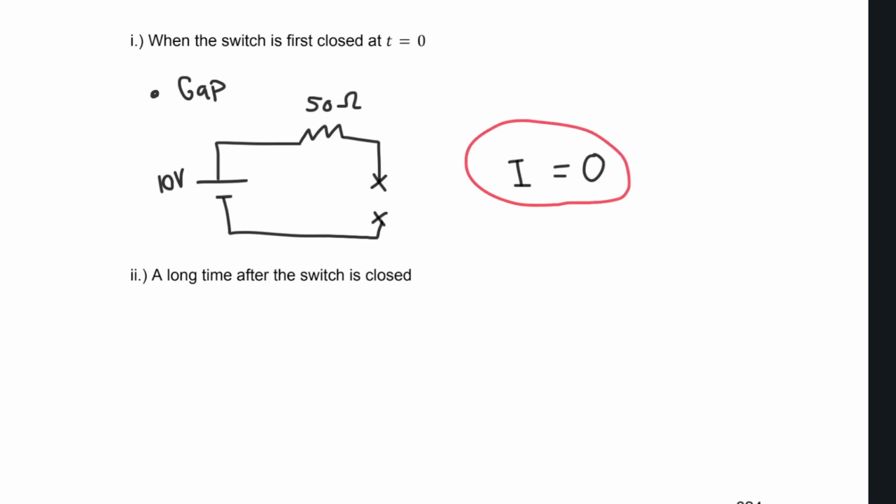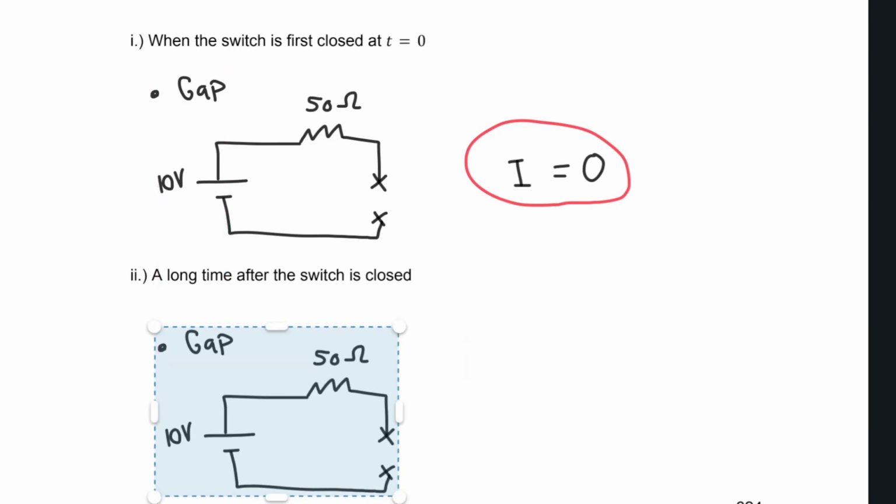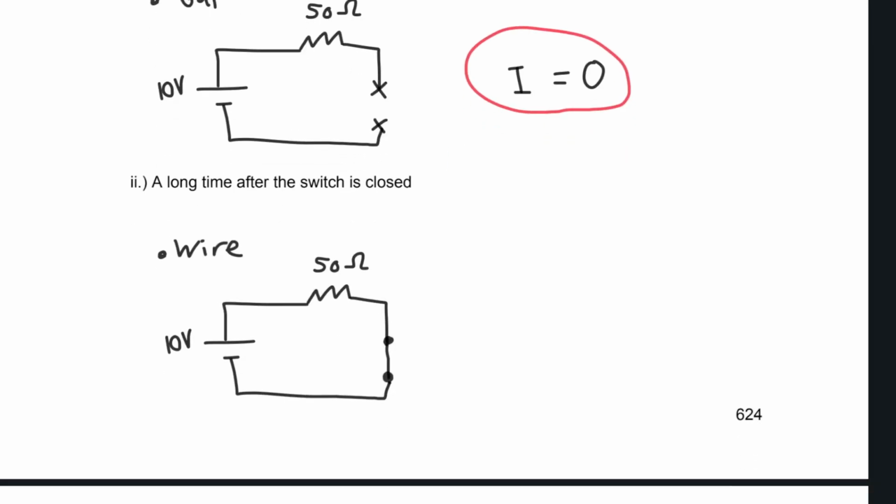And then a long time after the switch is closed. So for time purposes, we're just going to copy paste the diagram and make some minor adjustments. So in the long time, it no longer behaves like a gap, but instead, it will just behave like a standard wire. So then we can just apply Ohm's law to this circuit and get I is just going to be delta V divided by R_eq.